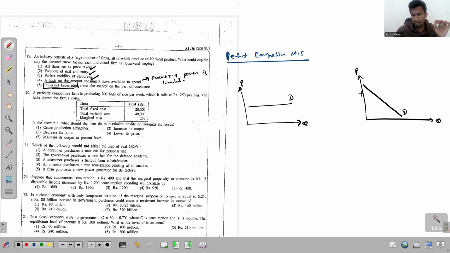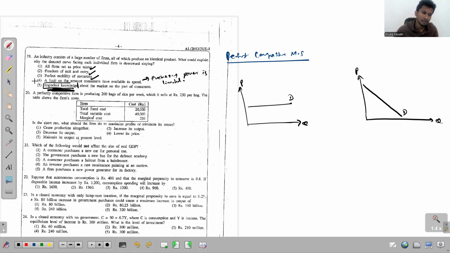They may buy a higher quantity at a lower price, or maybe a lower quantity at a higher price, not knowing that this same product is available from a different business firm in a different market. Not knowing that, they will act in that way. And this fifth quality will lead to this demand curve.